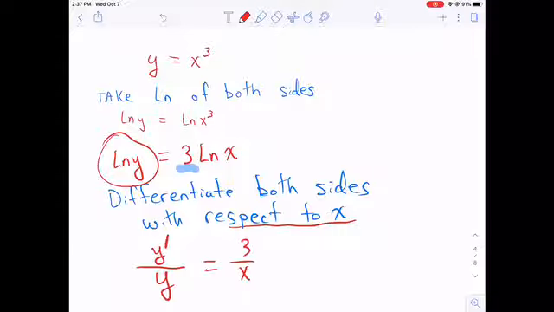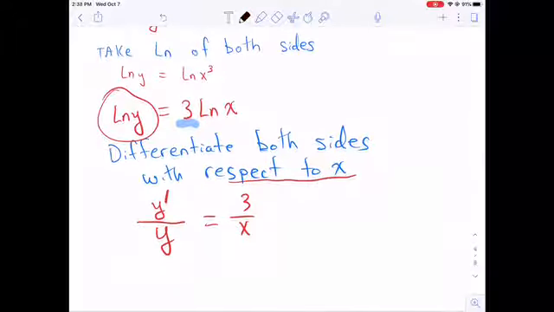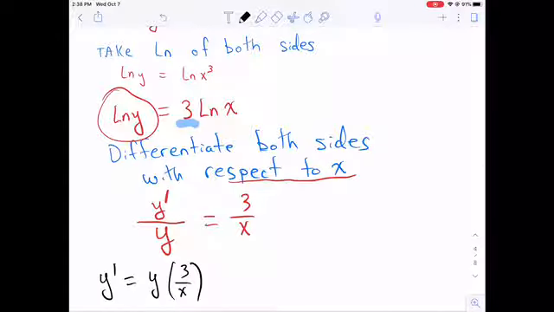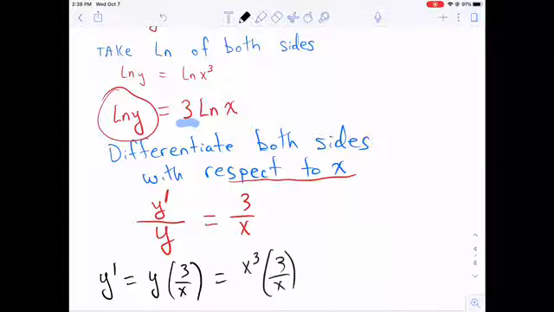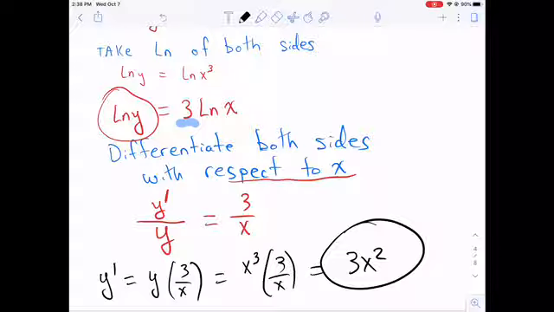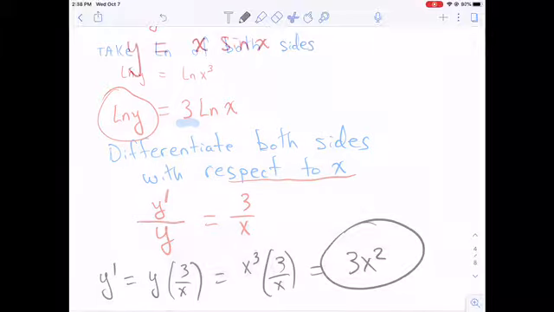The right-hand side is 3 over x because the derivative of ln x is 1 over x, and then we multiply that by 3. And now for the last step, we multiply both sides by y. But of course, y is equal to x cubed, so that's where we started, and an x cancels, and we're left with 3x squared. And we knew that the derivative of x cubed was 3x squared. So this was an example where we knew the answer.